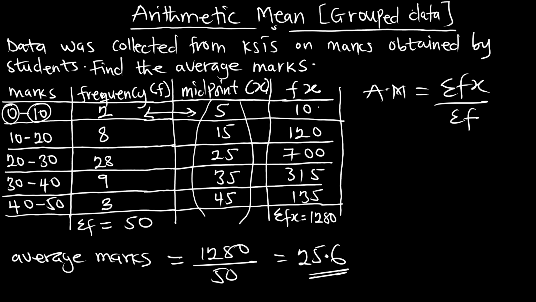Now looking at the frequency, the highest number of students scored between 20 and 30. Are we okay? 28 students. So meaning out of 50, almost 30 are scoring between 20 and 30. So if we are saying the average should lie at 25, which is within the highest frequency, then it makes sense.